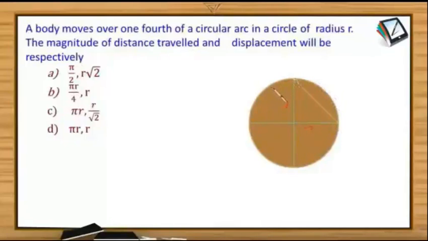If we are to calculate the distance traveled, then we have to find the actual length of the path. So distance becomes what? 1/4 of the circumference of the circle. So it is what? Pi r by 2.